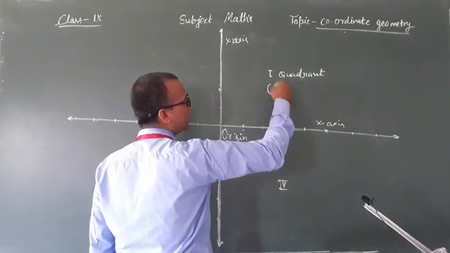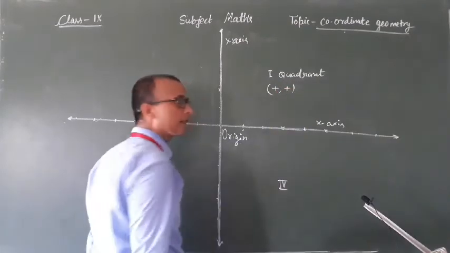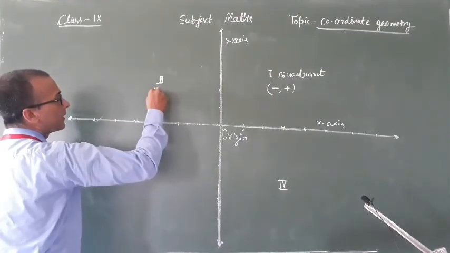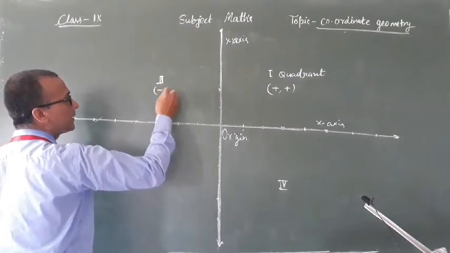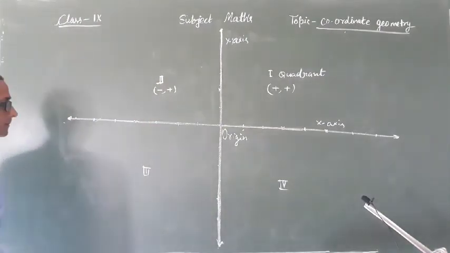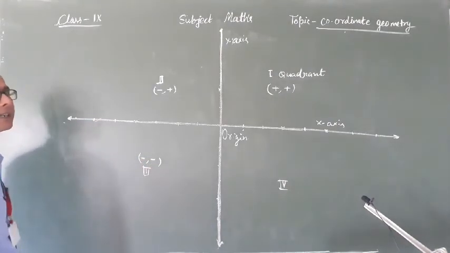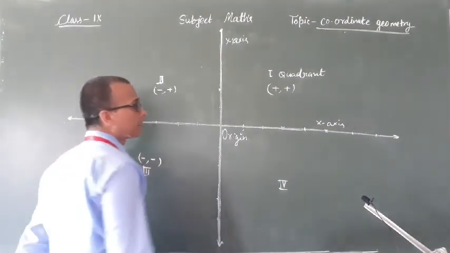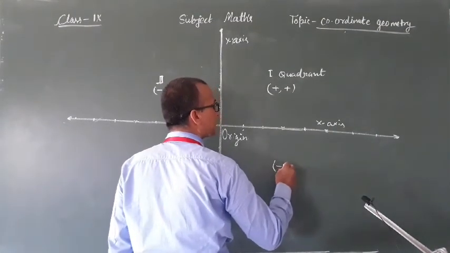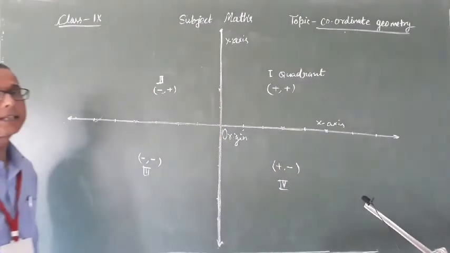In the first quadrant, all the points will be positive, and the second coordinate will also be positive. In the second quadrant, the value of the x-axis will be negative and the y-axis will be positive. In the third quadrant, both the x and y values will be negative. In the fourth quadrant, the value of the x-axis will be positive and the value of the y-axis will be negative.